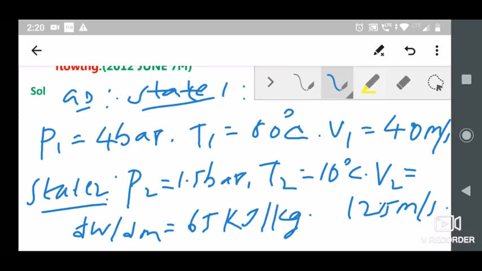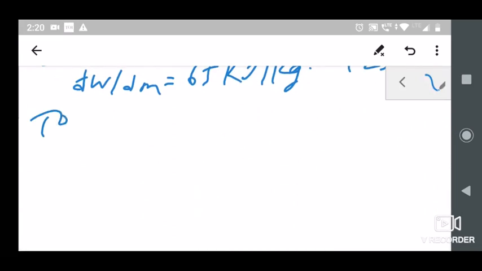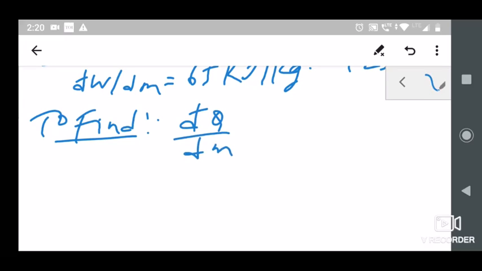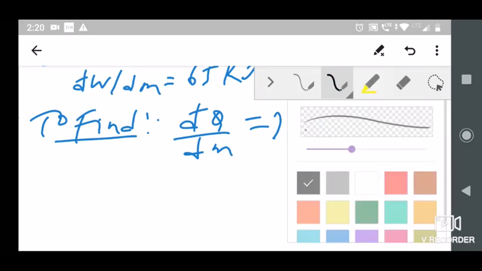So these are the things which are given, and what do we need to find? To find d dash q by dm. This is what we need to find, and the assumptions are the same: potential energy changes are neglected and it is a steady flow. Okay, so let's try to draw the sketch.